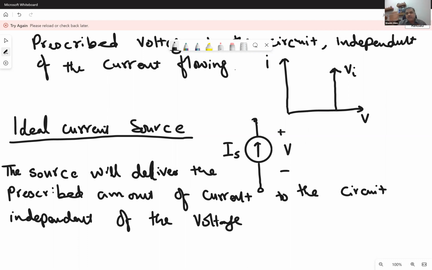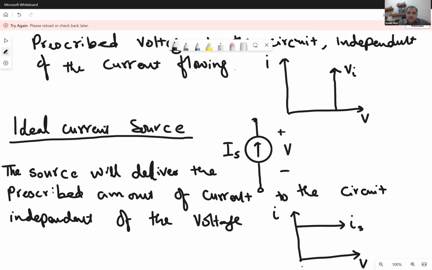This is just like we did for the voltage source. It's independent of the current. Over here, it is independent of the voltage, and just like we did the IV characteristics for the voltage source, for the current source you will have some, for example, I sub S like that.